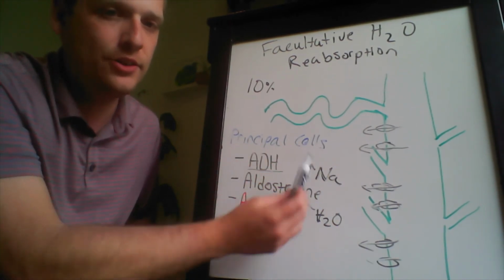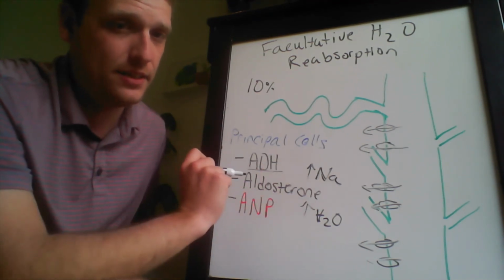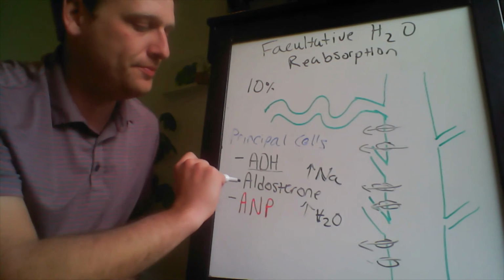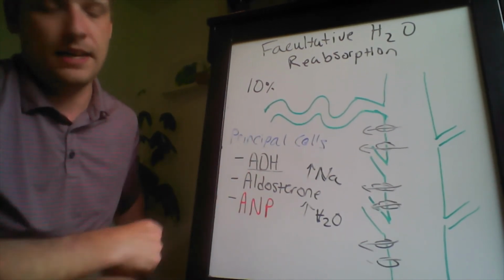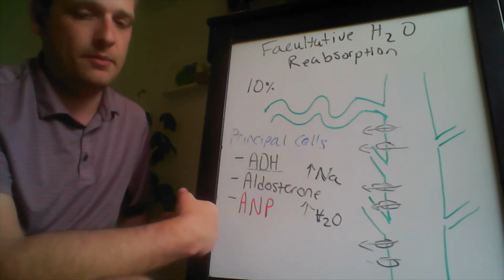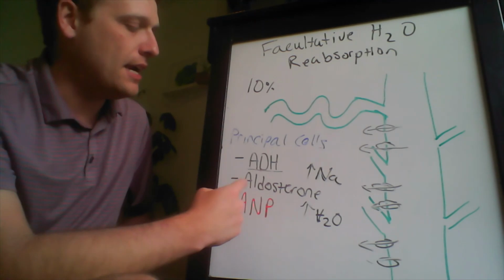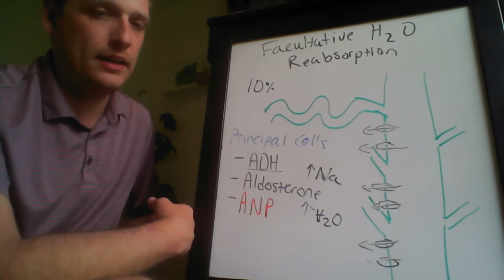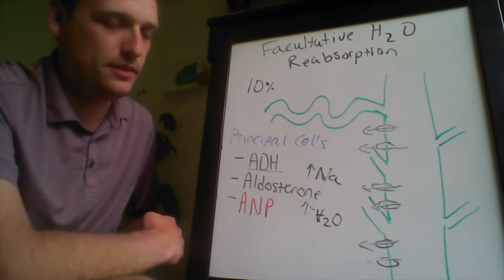Aldosterone is going to increase water reabsorption by increasing sodium reabsorption. ADH is again produced in the posterior pituitary gland under the control of the hypothalamus, and aldosterone is produced by the adrenal glands that are situated right on top of the kidneys.